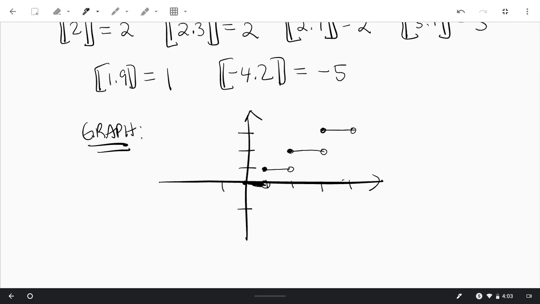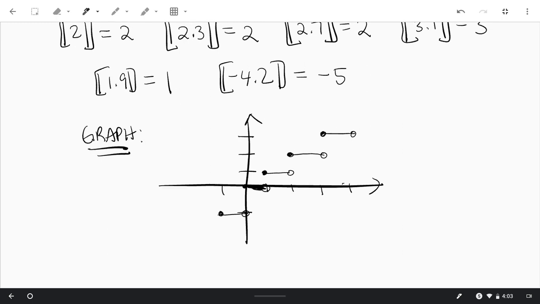And then over here, all the numbers between 0 and negative 1 are going to have negative 1, open circle. So remember, it's closed on one end, open on the other, because this is still a function, and a number, like say here at 1, can only have one value.